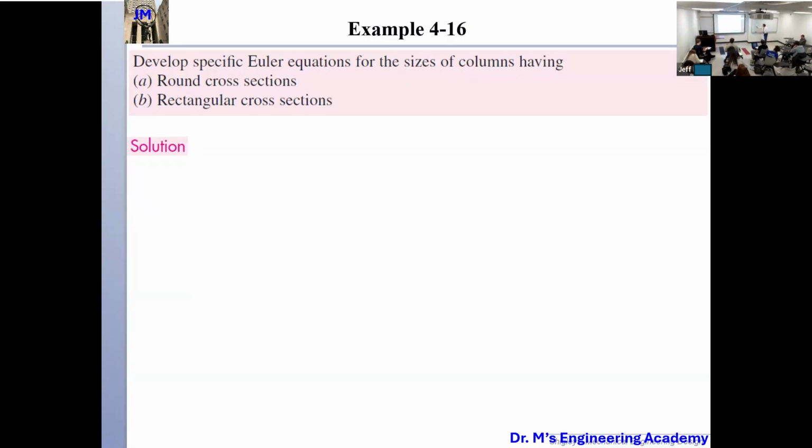These are the two cases, guys. For this two-case scenario, let me ask you: in which direction will it lose stability first? This way, right?